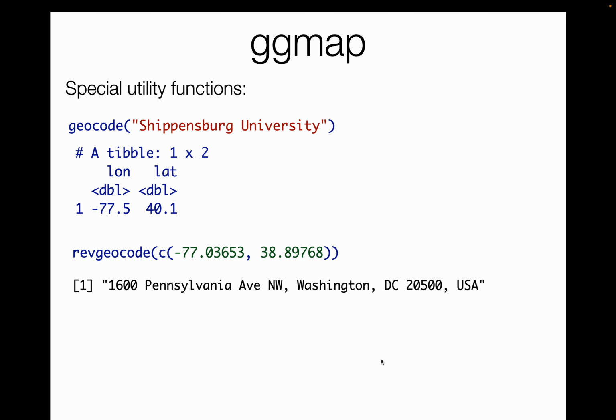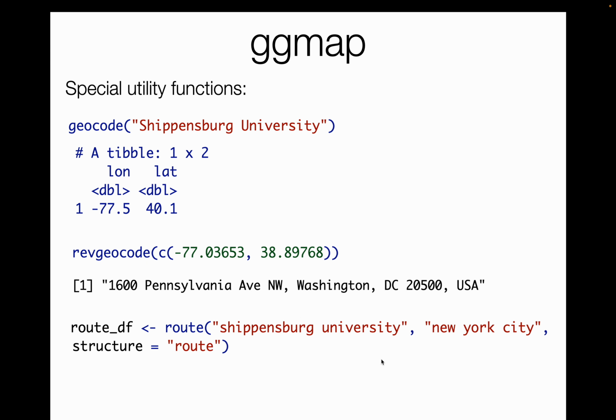I can geocode Shippensburg University, and then I can reverse geocode. I reverse geocode this latitude and longitude, and I get 1600 Pennsylvania Avenue, Washington, D.C. Of course, if we were in person, I'd ask everyone, does anyone know that special address? It's special why? The answer is that it's the White House.